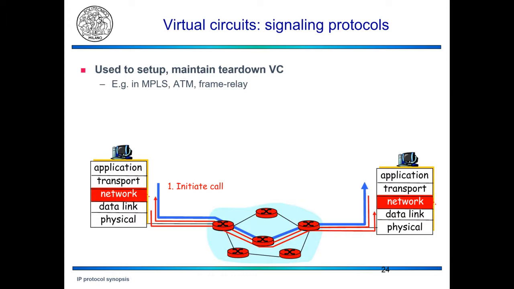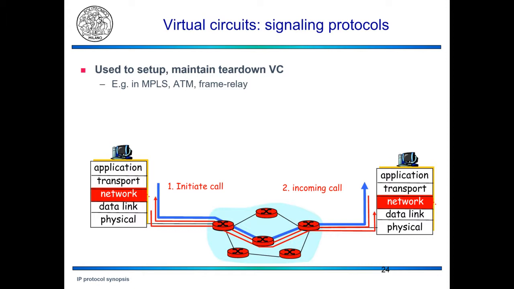When the network layer of the destination receives these messages, then it notifies the layers above, the transport layer, that there is an incoming call by another primitive that is, in this case, transferring of messages inside the destination host.